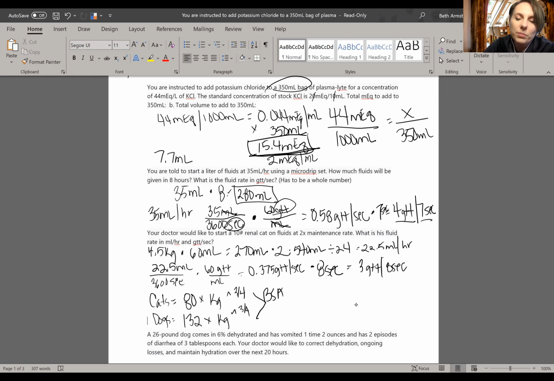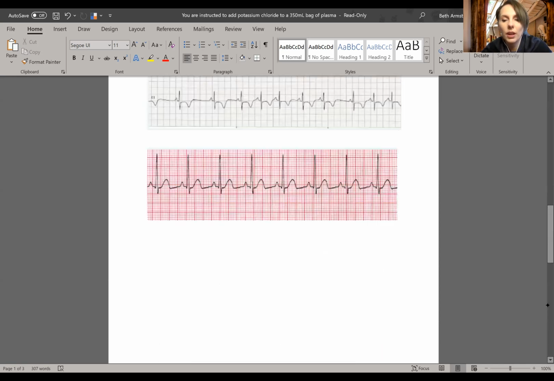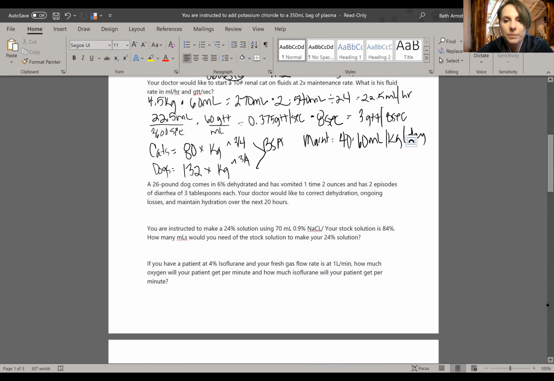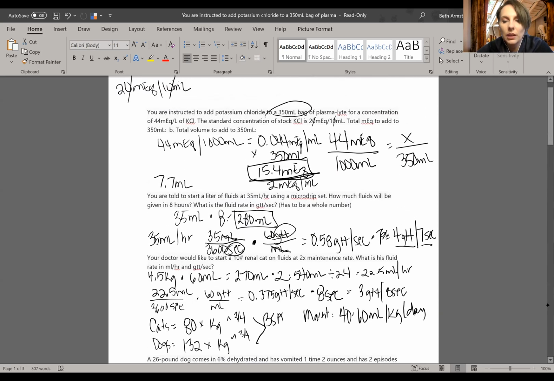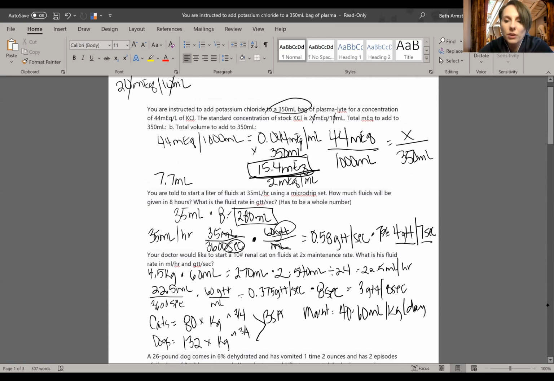The other part is that everyone has learned previously that maintenance is between 40 to 60 mLs per kg per day, right? So your instructor probably just picks somewhere in between to let you know. But typically normal for dogs previously was always 60 mLs per kg per day.